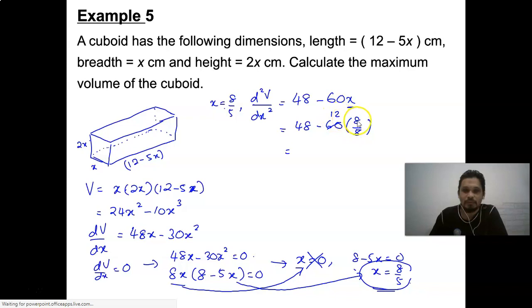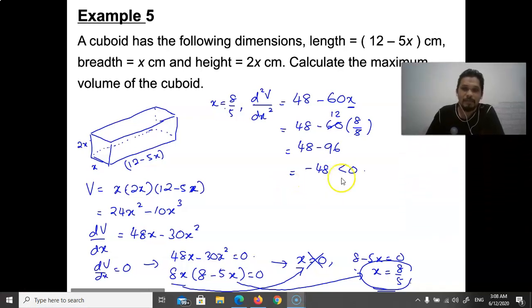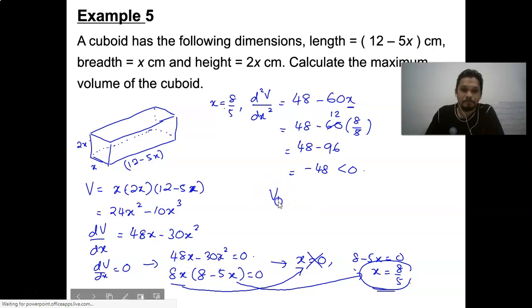Then 12 times 8 is 96. 48 minus 96 is negative 48, which is less than 0. So V is a maximum. So for V maximum, it is equal to 8 over 5 here.